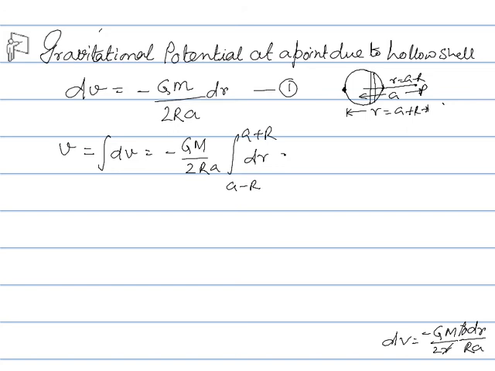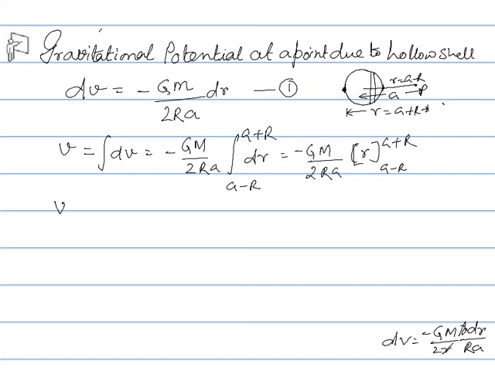This is dr, that is minus Gm by 2ra. Integration of r is this, with lower limit a minus r to a plus r.